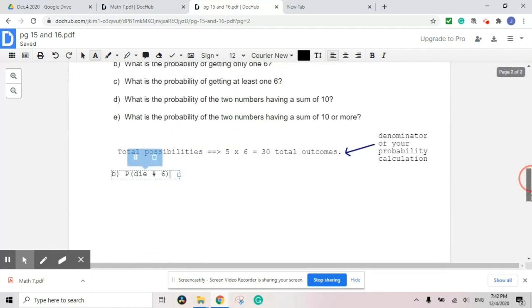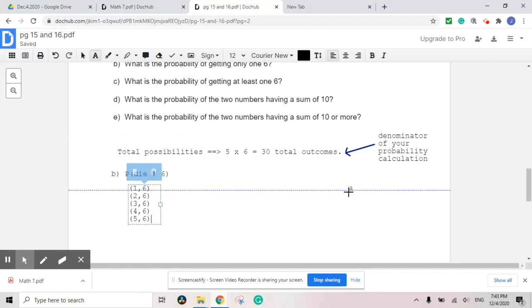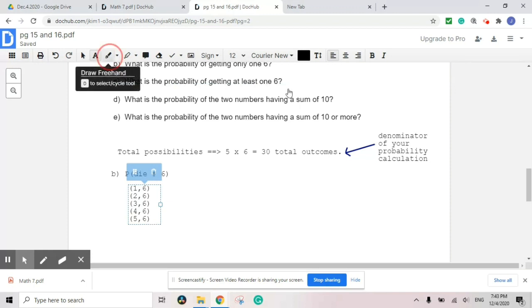So what you need to do now is predict some of the outcomes that fit this situation: if I pick one number for the card and then 6, 2 and 6, 3 and 6, 4 and 6, 5 and 6.